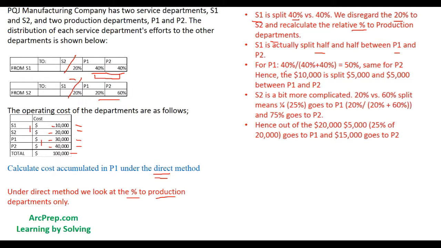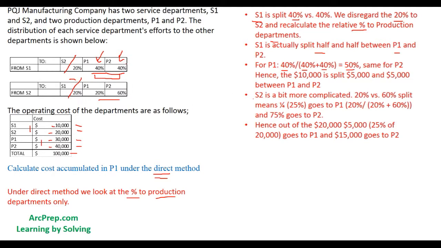Now, if I want to do it mathematically, for P1 it is 40% divided by 40% plus 40%, which is 50%. And for P2, it's the same, 40% divided by 80%. So what I'm essentially saying is S1 is split 50% versus 50% here.